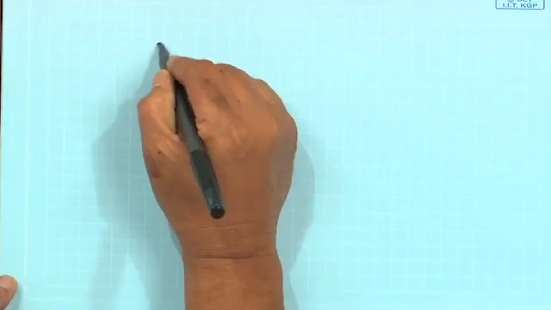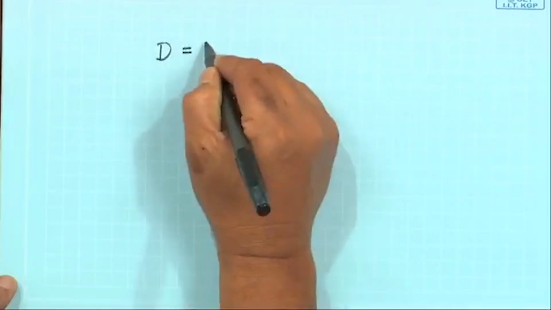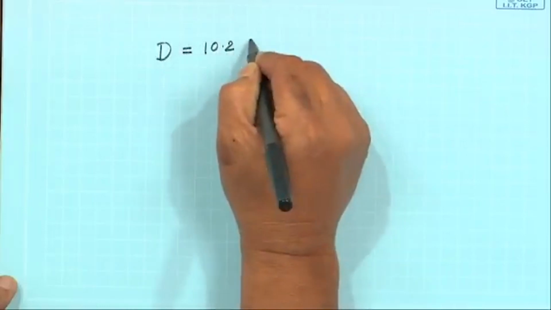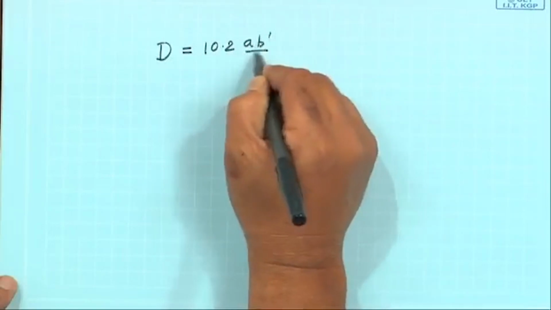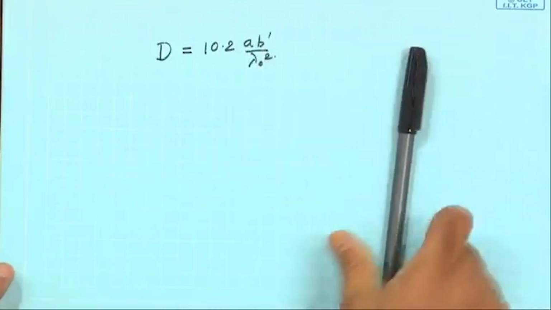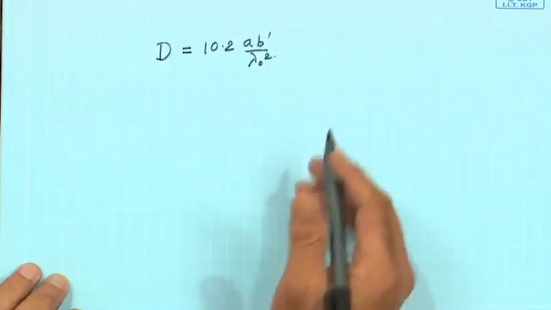Now, the same consideration as we have done there applies here. So, here the formula for directivity is 10.2 A B dashed by lambda naught square. Again, people have found that if horn length is fixed and I want to increase gain somehow, then I can violate that pi by 4 thing and go up to here.